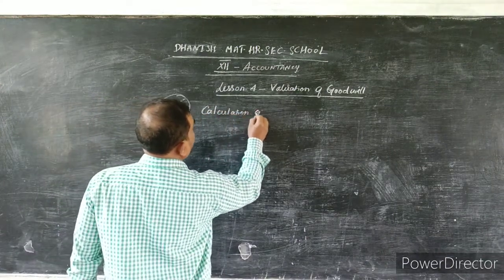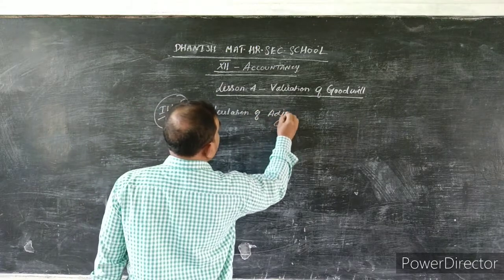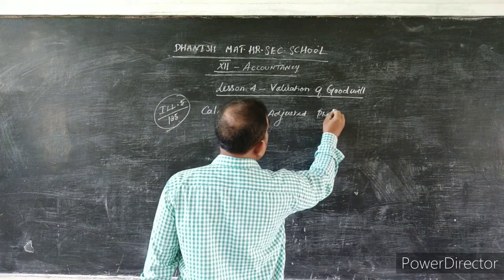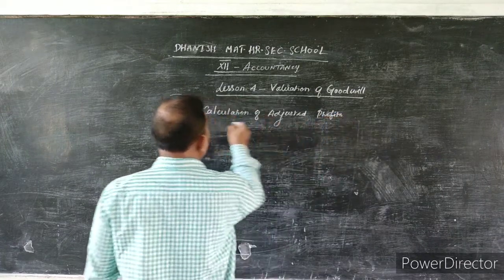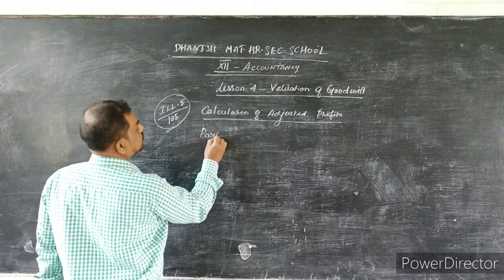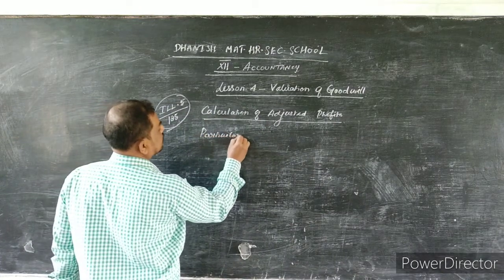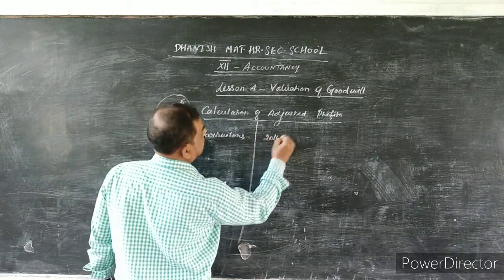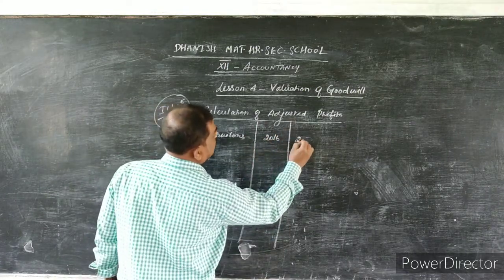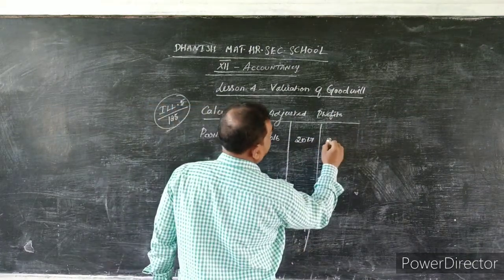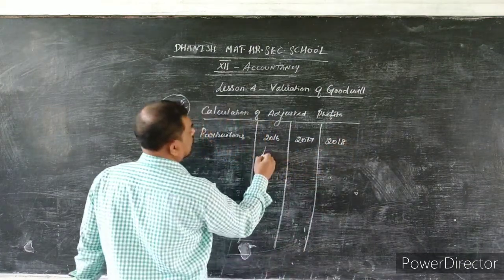Calculation of adjusted profit. Particulars: 2016, 2017, 2018, in rupees.